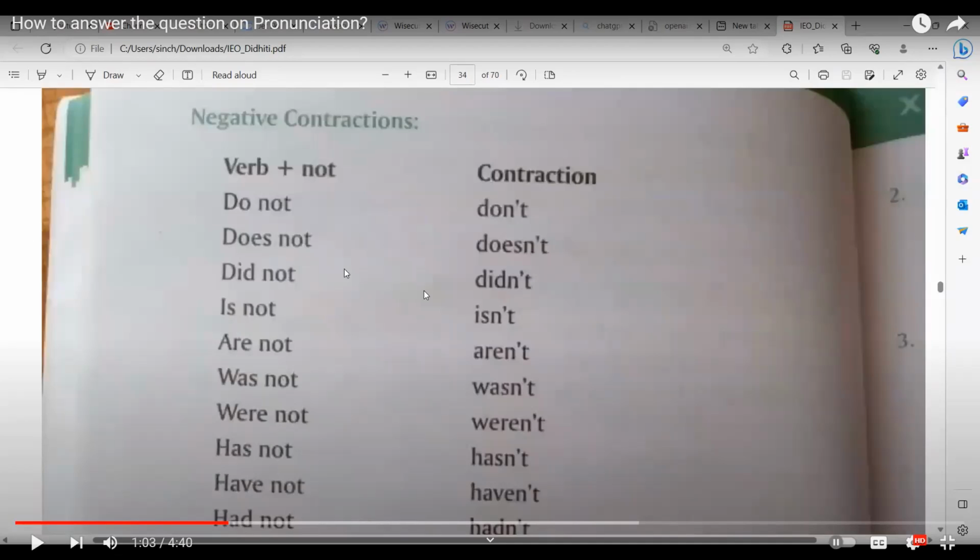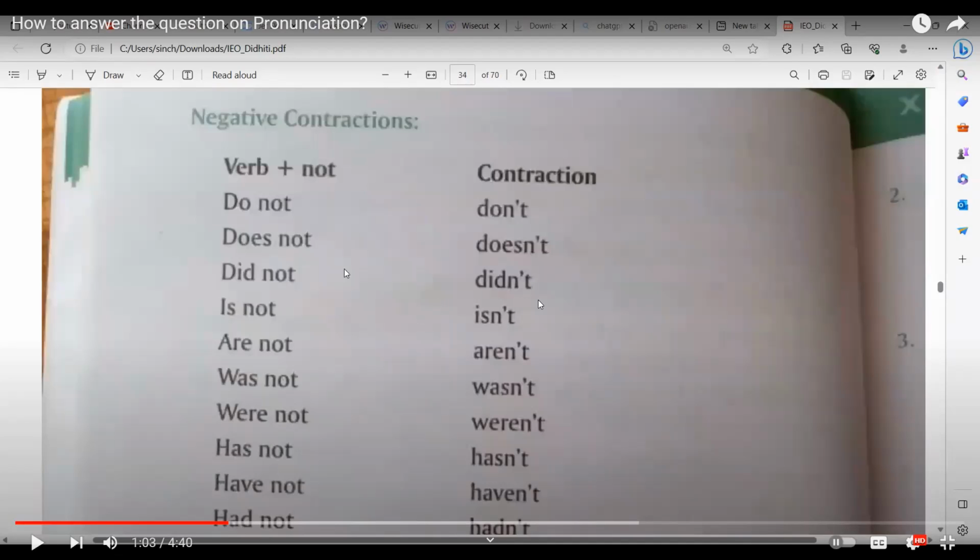Okay, Shruti, read it better. Did not. Verb plus not equals did not, and the contraction is didn't. So what is omitted, and what is written instead? Didn't. O is missing, and instead of O, what are we writing?